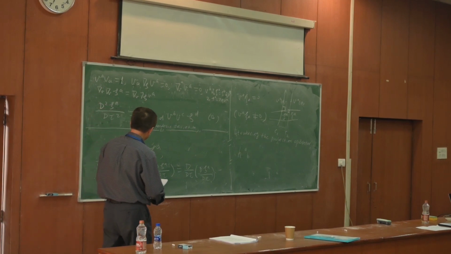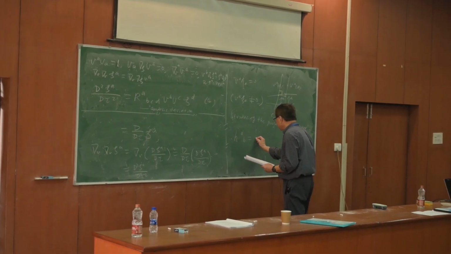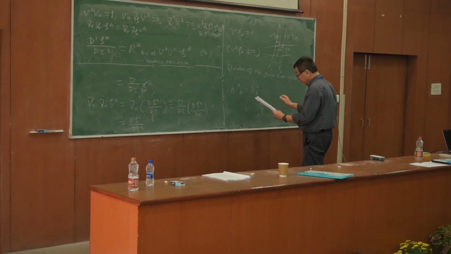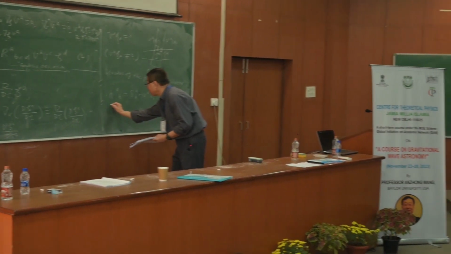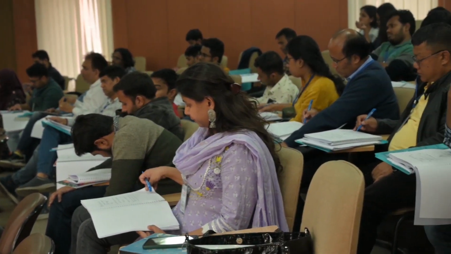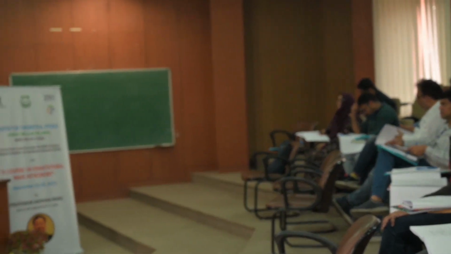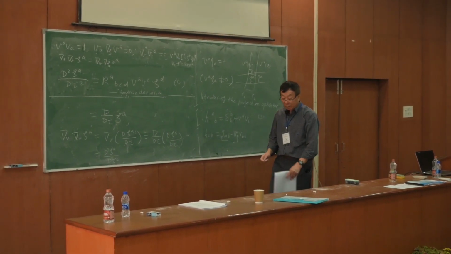Now we'll introduce this guy, simply delta AB. Delta AB is the delta function minus VA VB. Or you can write it as HAB equals GAB minus VA VB. The same thing. Now remember, this guy, GAB, is the curved metric, so the spatial part is not naturally eta. So we introduce this famous projection operator.